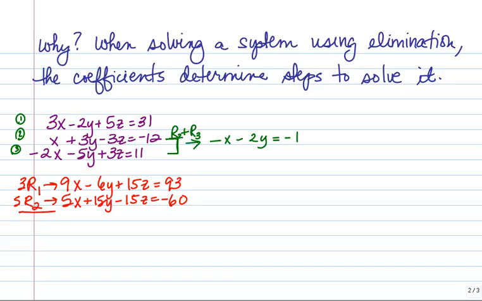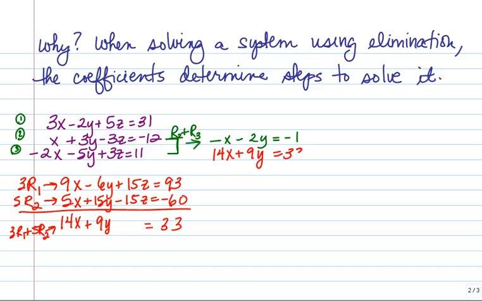Now we can add them together, and we get 14x plus 9y is equal to 33. So this was really 3 times row 1 plus 5 times row 2 that gave us this equation: 14x plus 9y is equal to 33.